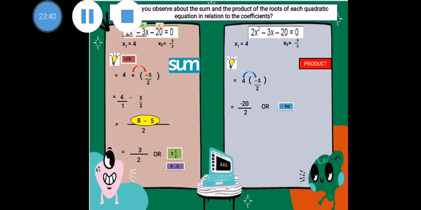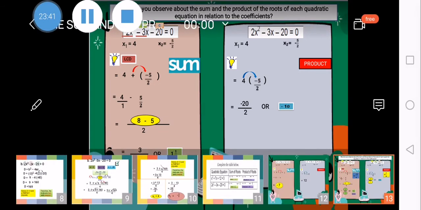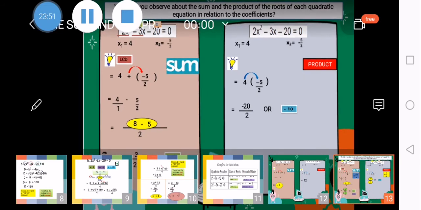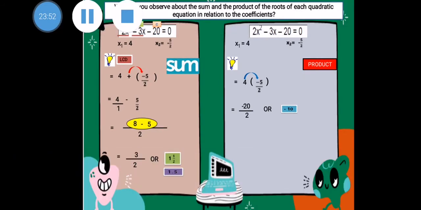So, kapag kukunin po natin ang sum ng product ng quadratic equation, so, imbes na tayo ay gumamit ng long method na kagaya nito, so, pwede po natin siyang gamitan ng shortcut. No?